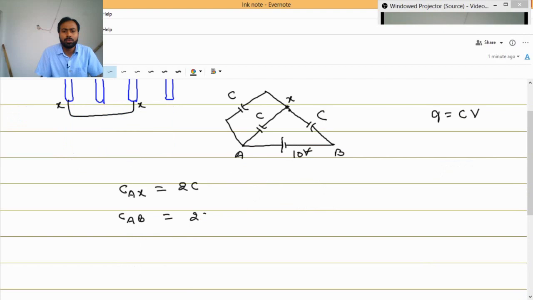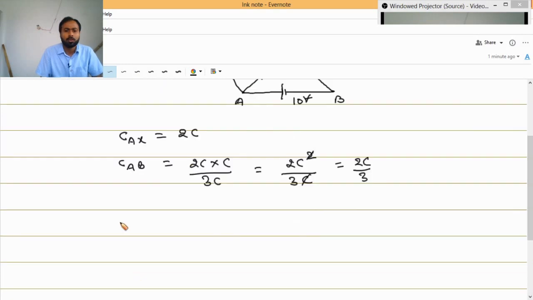So 2C into C upon 2C plus C, that is 3C only. So this will be 2C square upon 3C. So this value will be 2C upon 3. So the equivalent capacitance in between A and B is 2C upon 3 only.